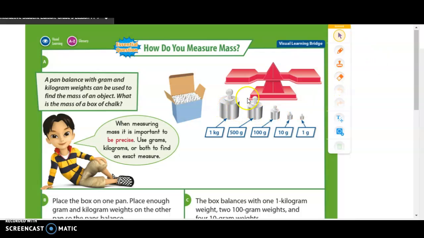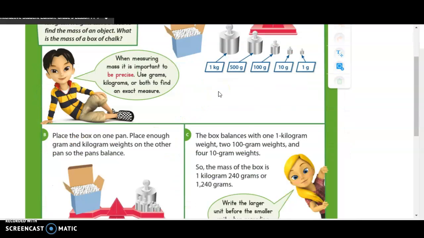Then we would grab some of these different weights, maybe a kilogram, 500, and start placing them on there until these lines right here in the middle went back to being even next to each other. That would tell us that the box of chalk on this side and the weight on this side were the same, and so we'd know exactly how much in grams or kilograms that box of chalk weighed.